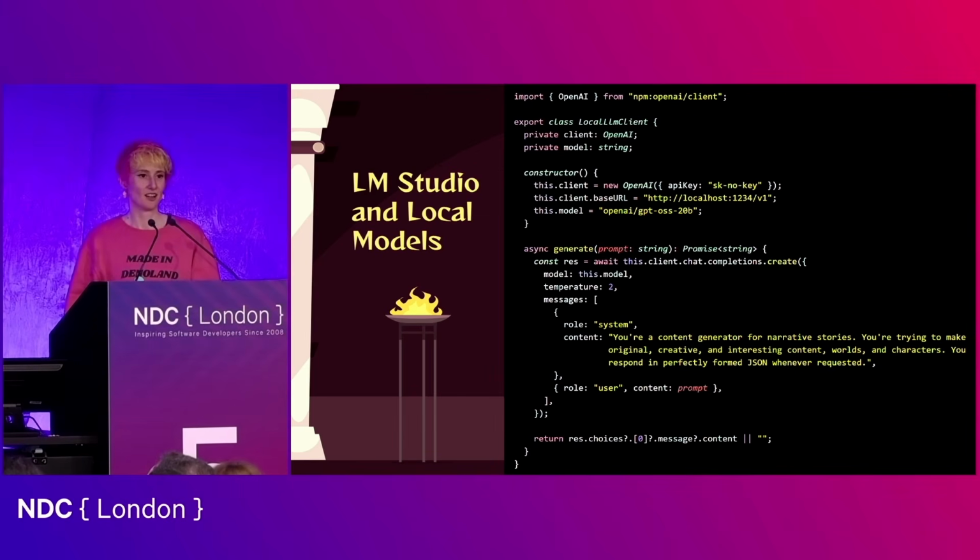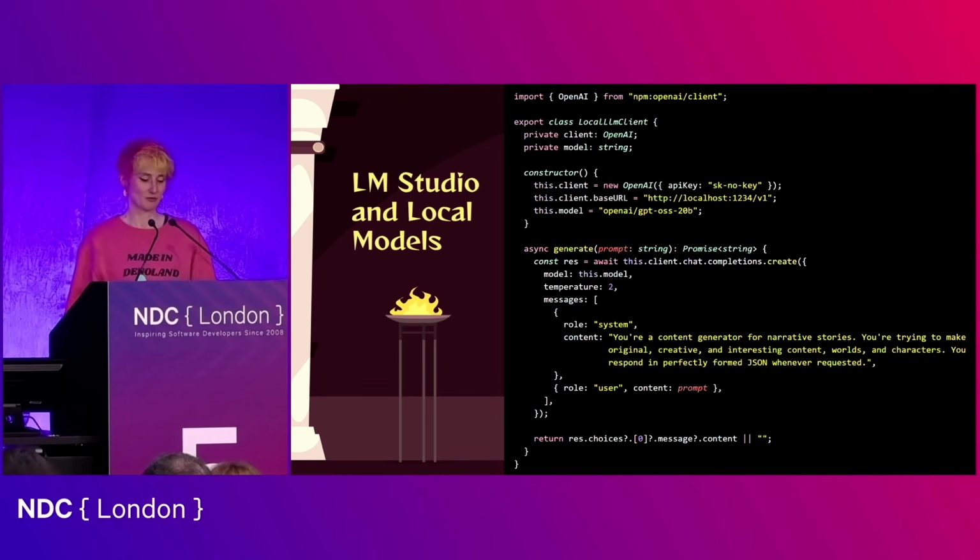So then, once we've got a local LLM running, we can use OpenAI's NPM package, but instead of pointing it at their APIs, we can point it at our local endpoint and talk to LM Studio. And then I just wrote a tiny client adapter on top of that, which is OpenAI compatible, that points to my local LLM server.